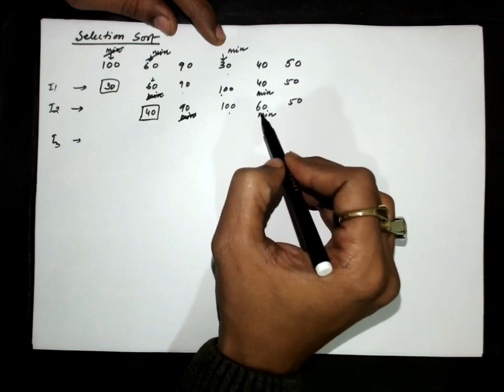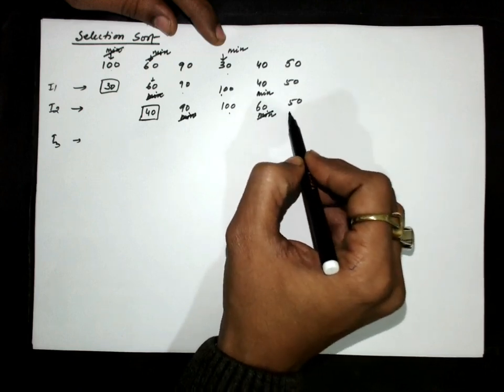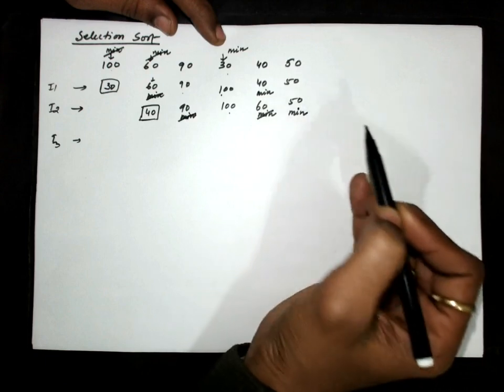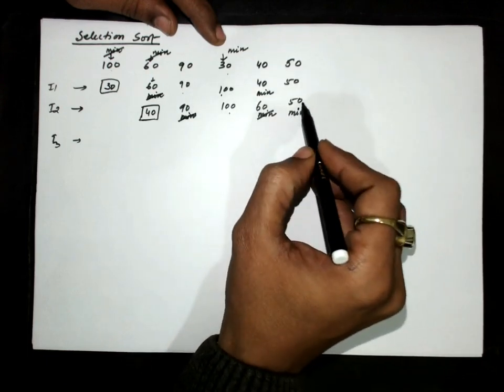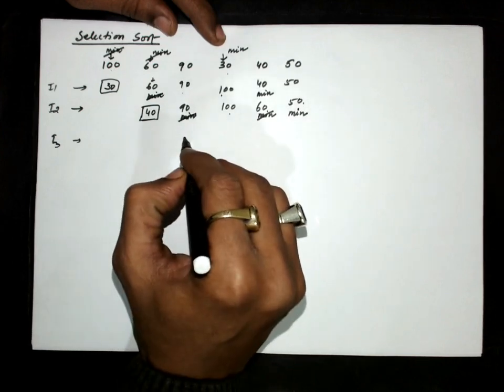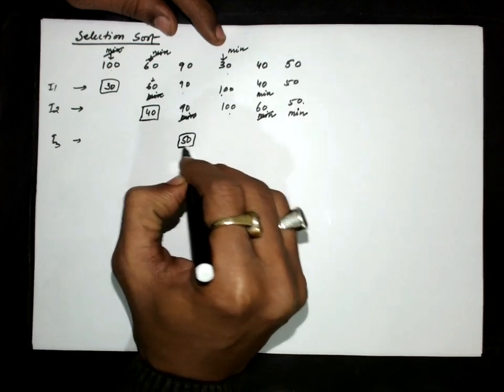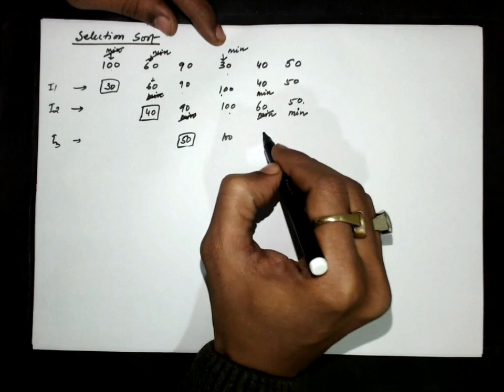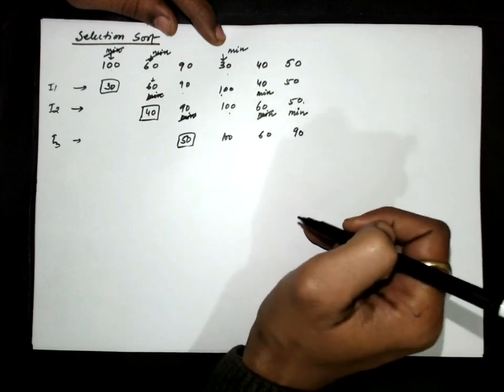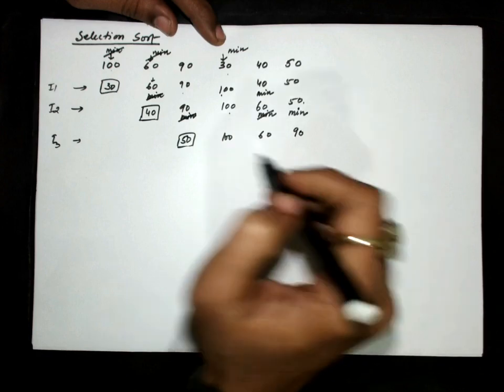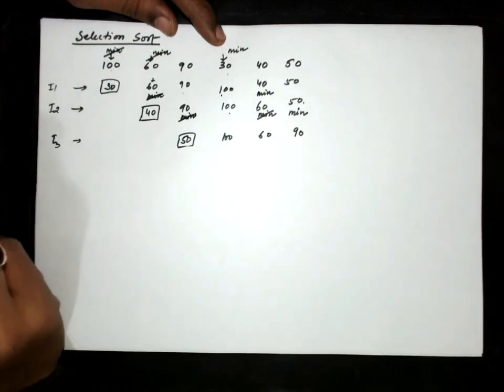Then 50 is smaller than 60, so minimum now shifts to 50. So now we found the minimum out of these four elements. Let us exchange this with the third element. So the position of this element gets fixed. Now we have 30, 40, 50 in the ascending sequence.